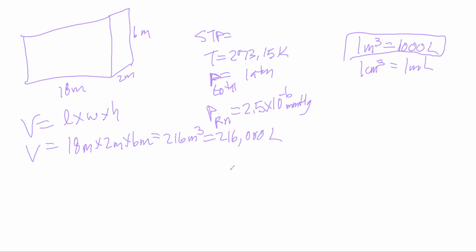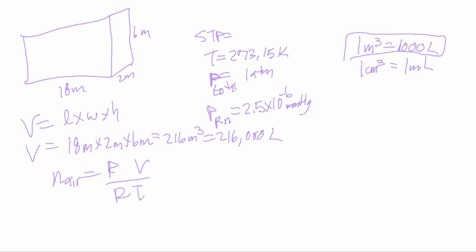Now, we can find out the moles of our radon, our gas, because we have this ratio. We know that the amount of air is our pressure of the air times the volume over R times T. We can plug that in for 1.0 atmospheres and figure out what our total amount would be.